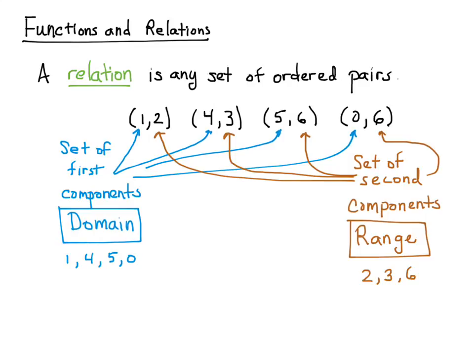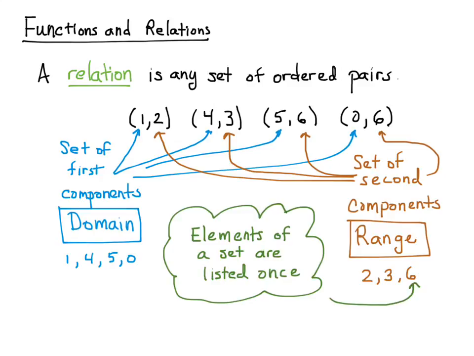Now notice I didn't say it was 2, 3, 6, and 6 because 6 is there twice. When we're talking about sets, we don't talk about repeats in them. We just list the ones in there. So the number 6 is 6, right? 6 is half a dozen, however you want to say it.